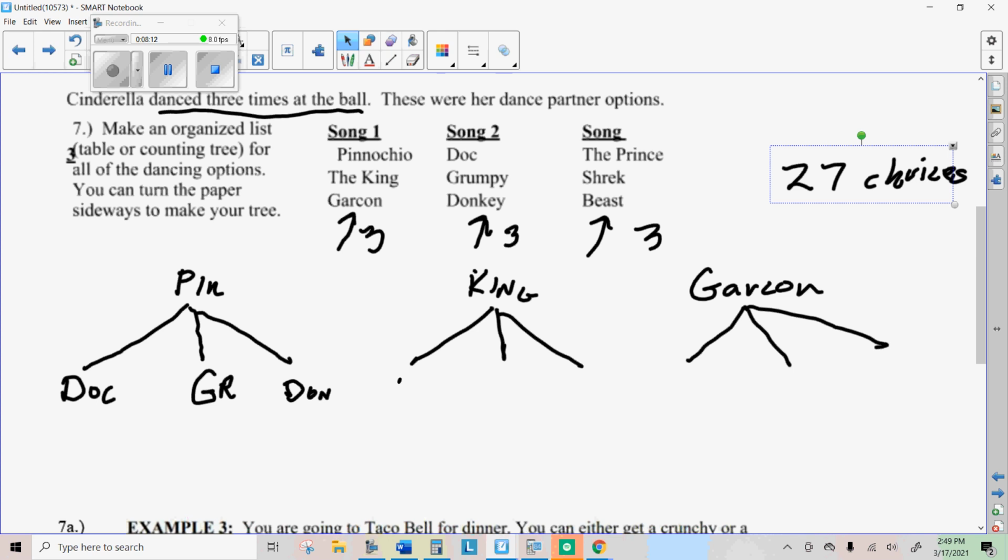Okay, so Doc, Donk is Donkey, and GR is Grumpy. Doc, Grumpy, Donkey. Okay, now we need 3 coming from each of these.